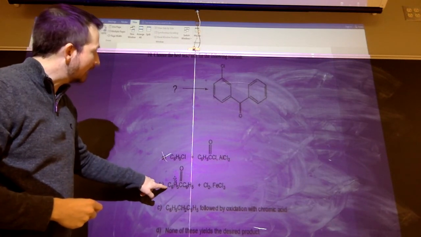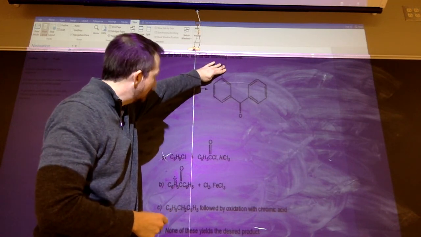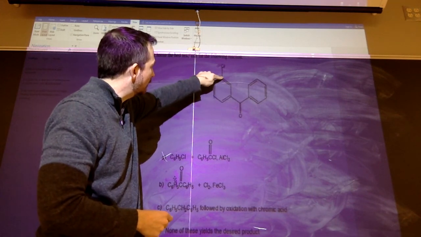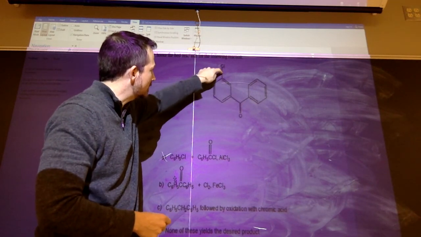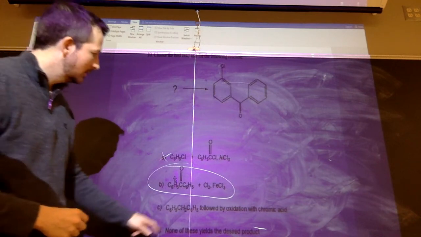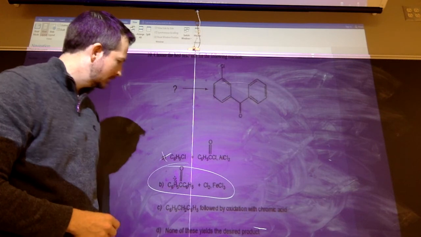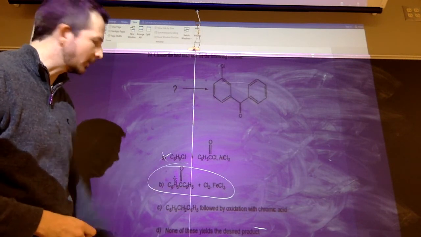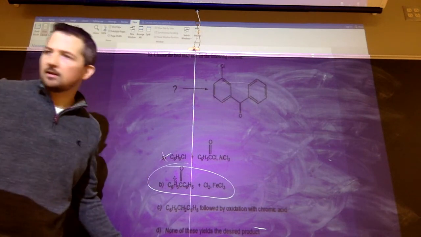Now here I have 2 benzene rings, and chlorination, that is a meta director, because there's a carbonyl there, so it's directing to the meta position, so it could add the chlorine there. So that wouldn't work. That's not adding anything to the chlorine. And so this one would work. So B, correct answer.